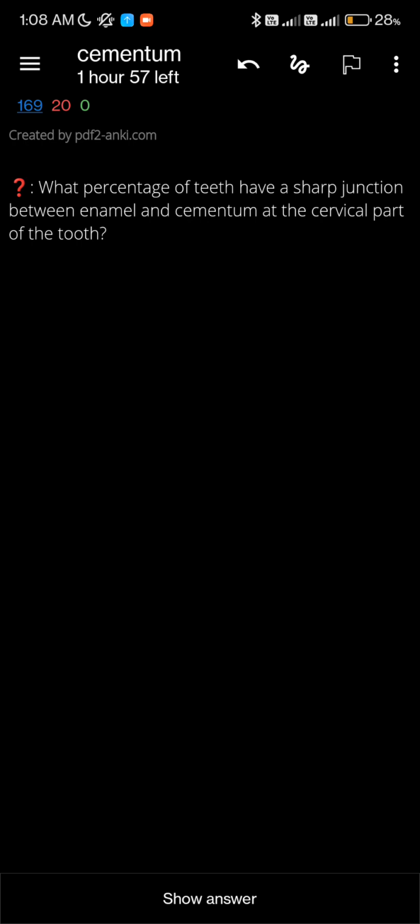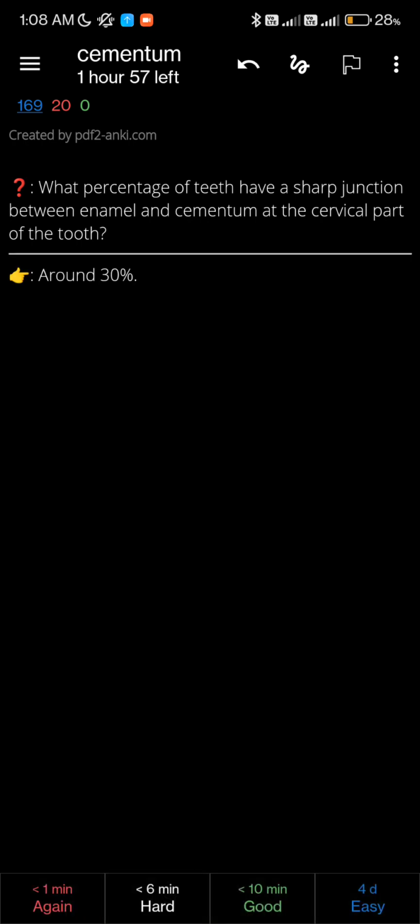We have the overlapping type, the edge-to-edge or sharp type, and the gap type of CEJ. What percentage of teeth have a sharp junction between enamel and cementum at the cervical part? It is about 30%.